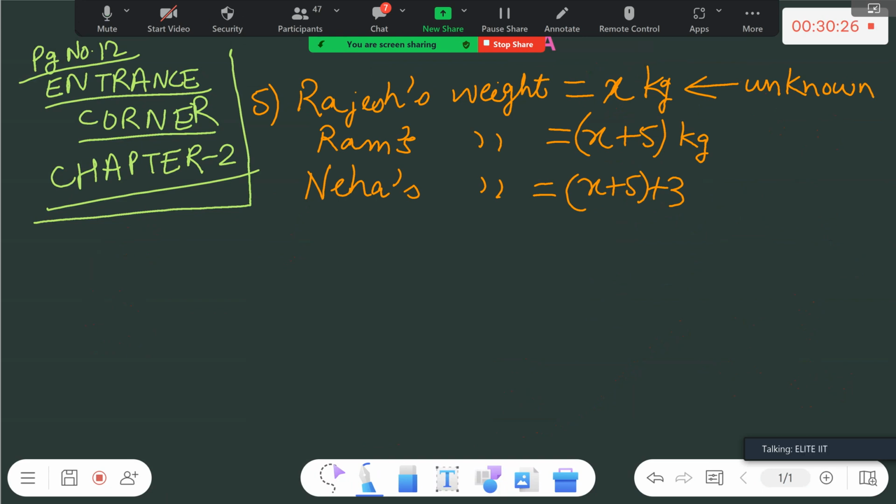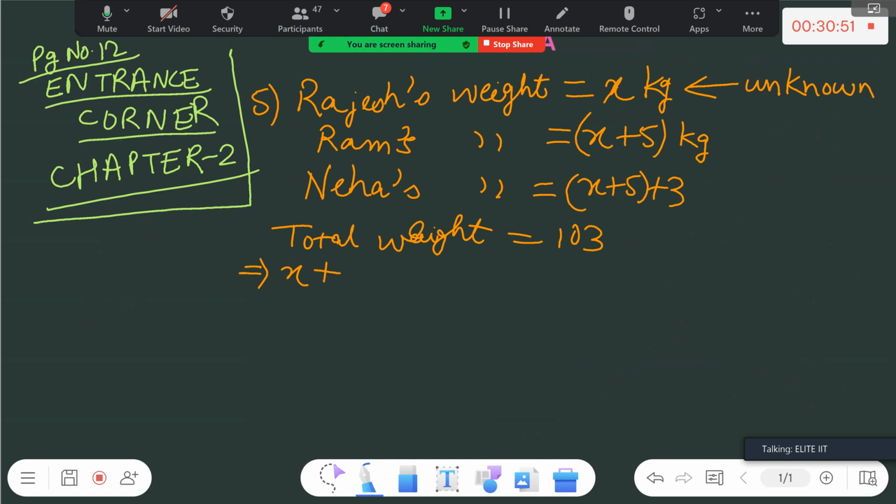So now, what else is given? If the weight of three of them is 103 kg, means the total weight is 103 kg. So total weight 103 kg means add all of them.